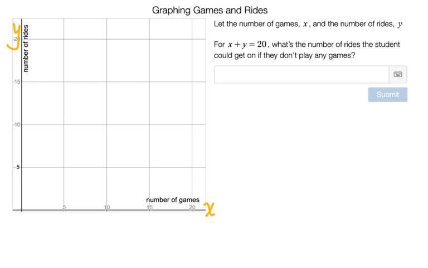What is the number of rides the student could get on if they don't play any games? If they play no games, that means x is equal to 0, because we know that games are x.